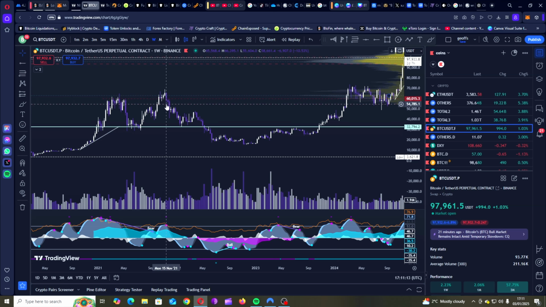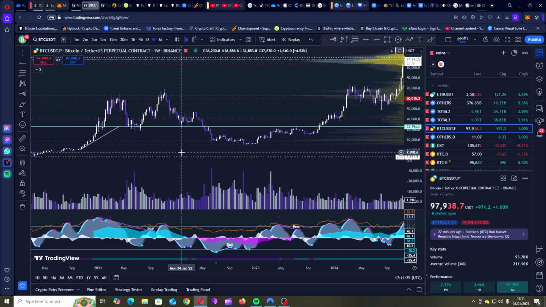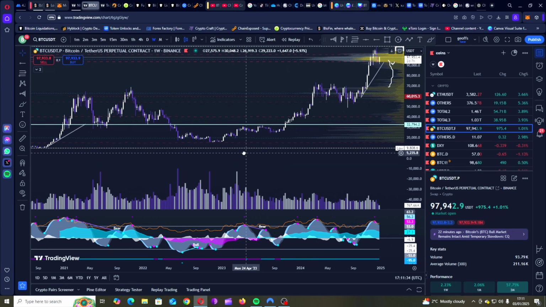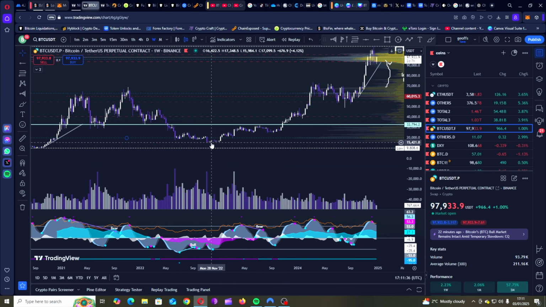But once it had fallen back down into this zone, I'm just seeing if we can get another volume profile from this top. If you look at that recent volume profile from the top, it came all the way back down to the point of control, all the way to the value area low. This here now is telling you to go long.